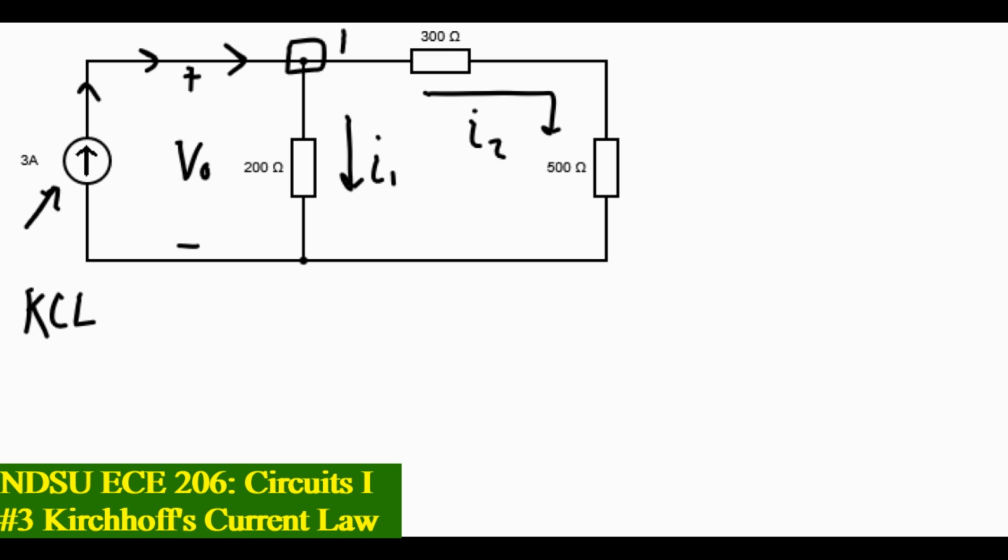Let's do a KCL at node 1. We're going to sum the currents coming out of that node because I1 and I2 are already going out. It'll make the calculation a little bit easier.